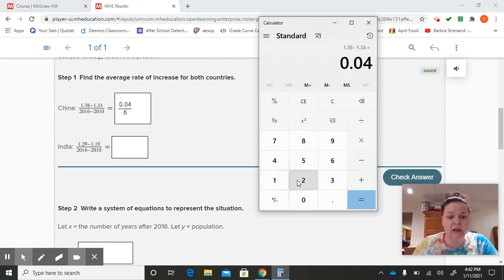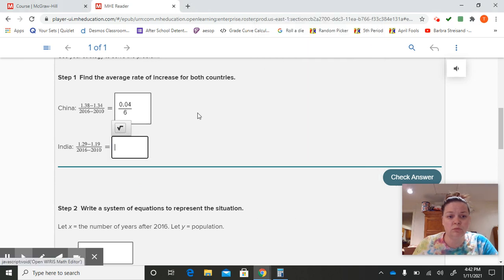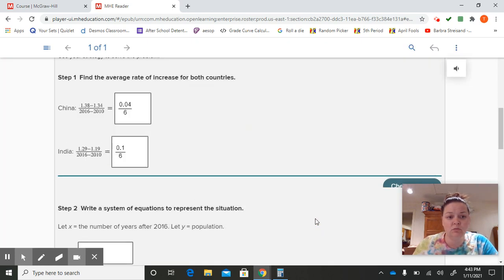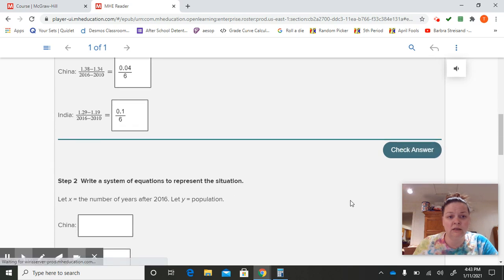Then in India, we've got 1.29 and 1.19, which is 0.1, and 2016 minus 2010 is 6 again.